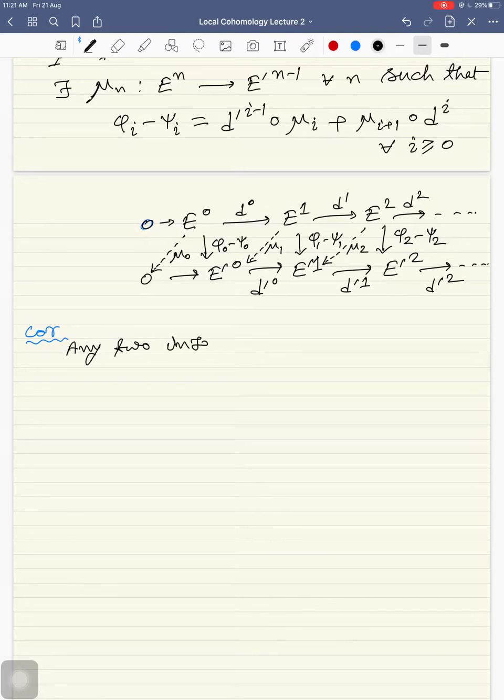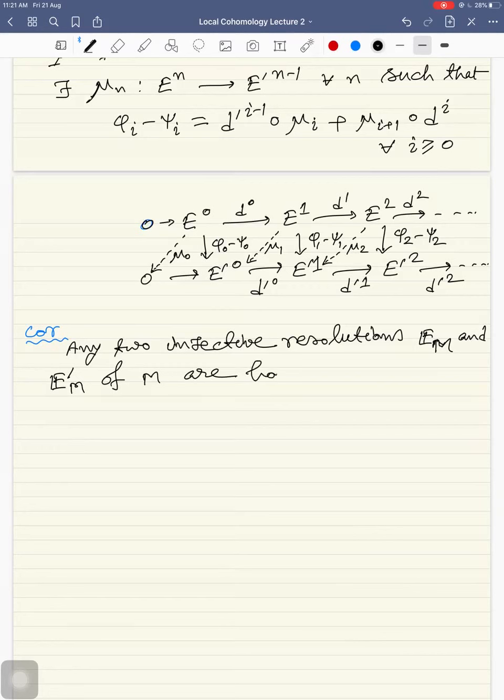So any two injective resolutions, let's say EM and E prime M, of an R module M are homotopy equivalent. So first of all, what is the meaning of homotopy equivalent and how to prove this? We will discuss this in the proof itself.